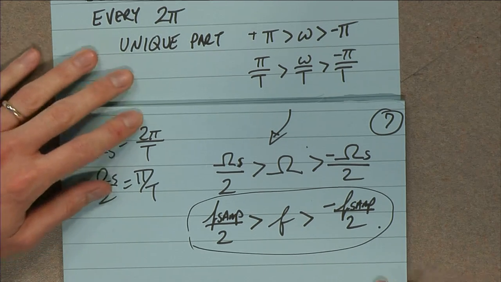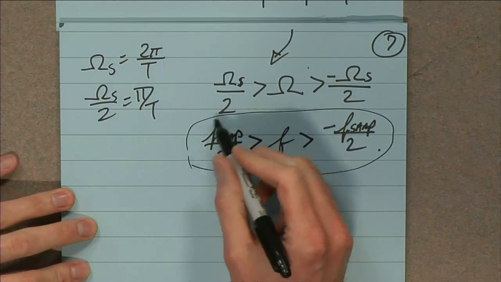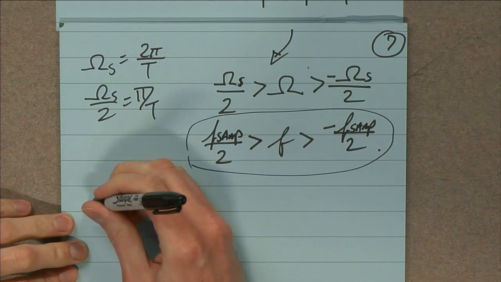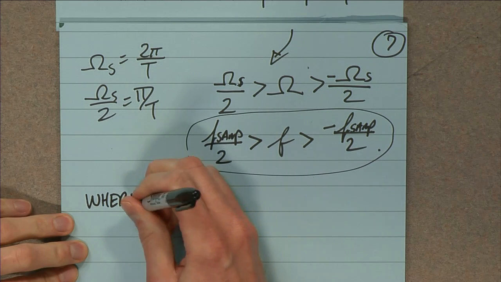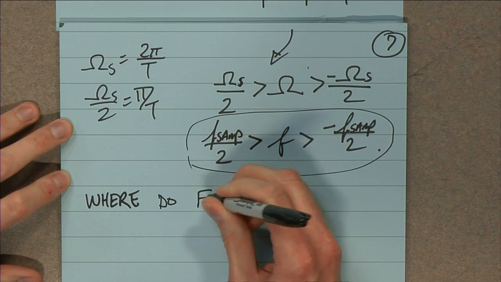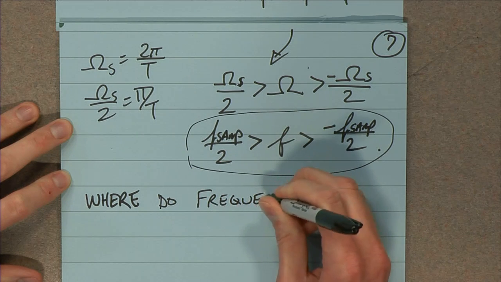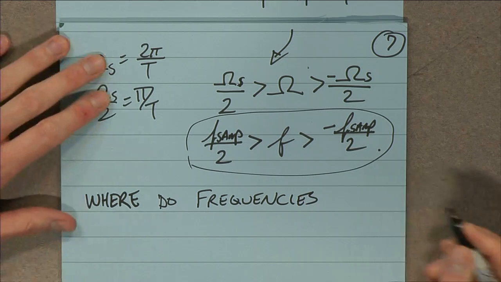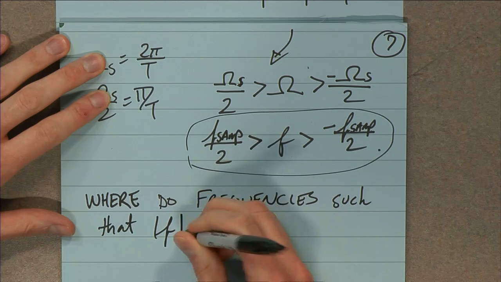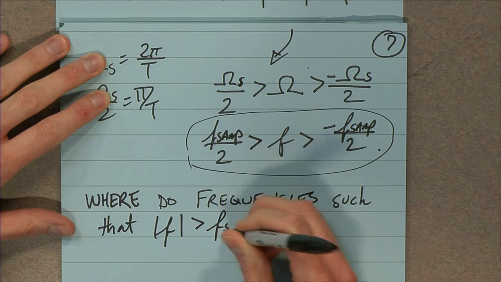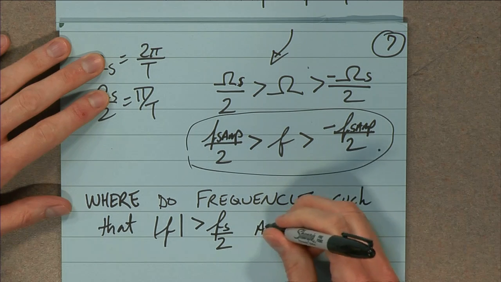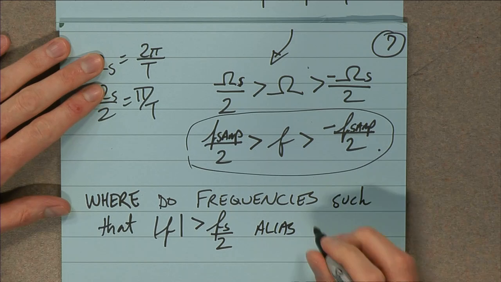Now the reason this is useful is because the folding frequency is this f samp over 2. So the question we're going to ask is where do frequencies, such that f, which is some frequency, is greater than fs over 2, alias?